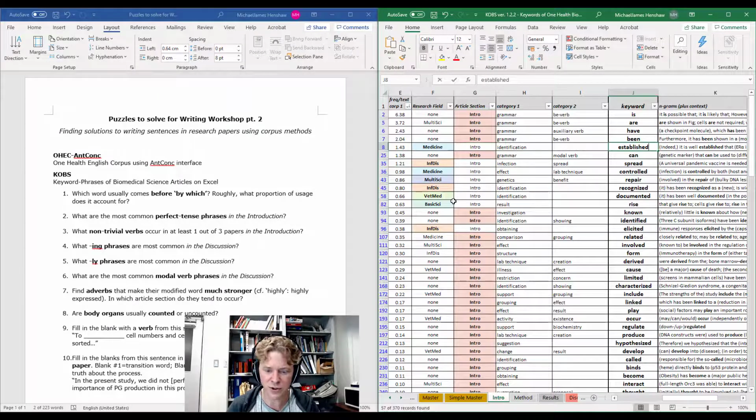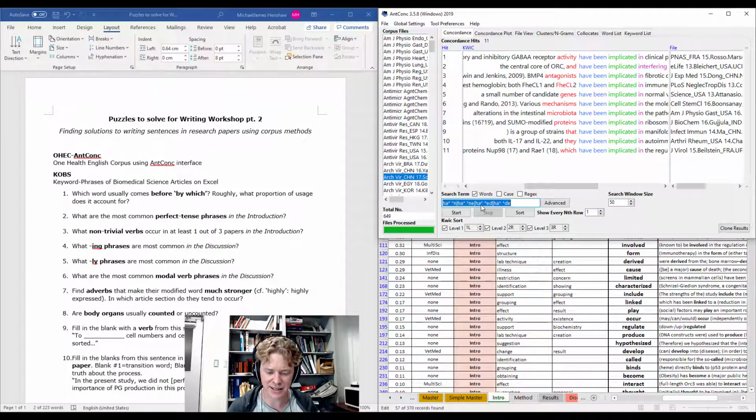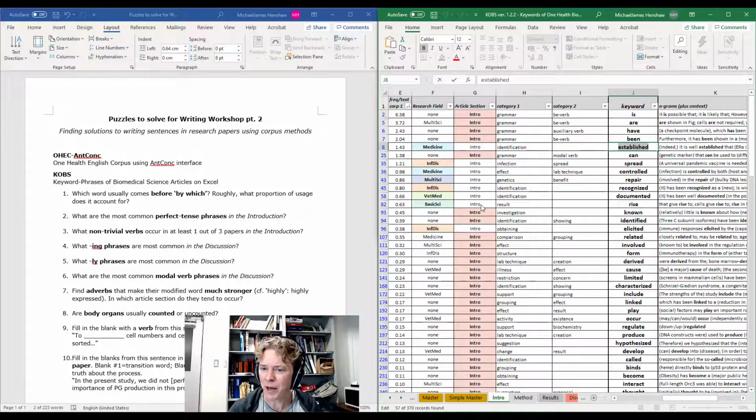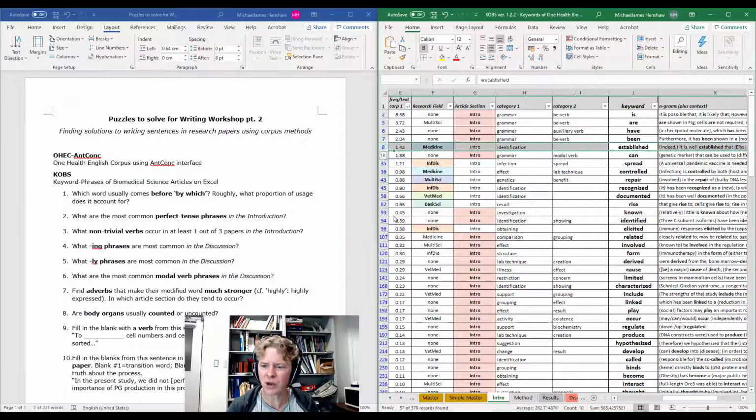If we really want to, of course, we can search easily by going to our corpus here and typing in "established." Okay, 108 times, so relatively common. However, 108 out of 649 articles is not 1 out of 3. So I'm going to ignore the ones that don't have the intro as the first corpus.